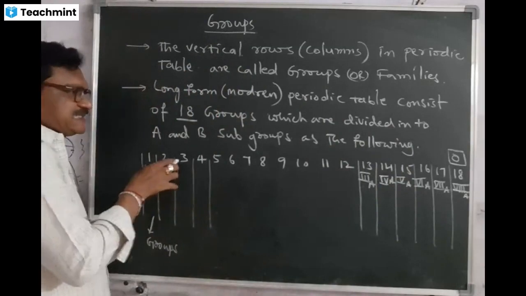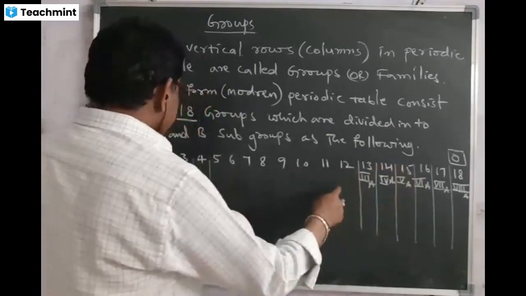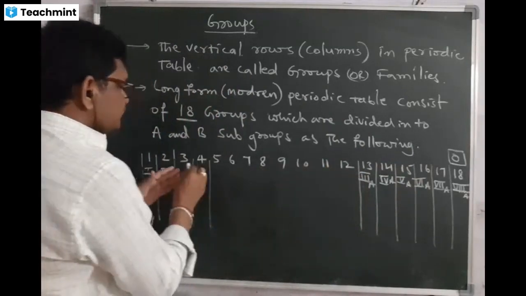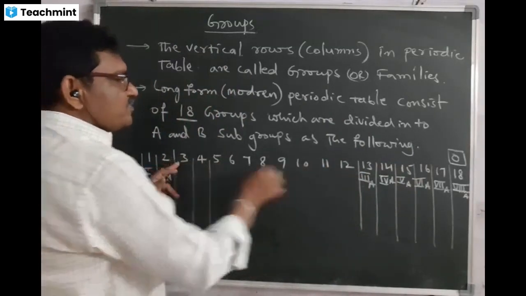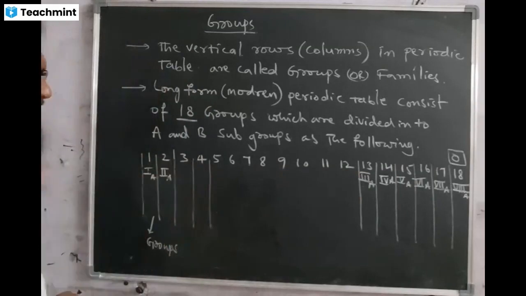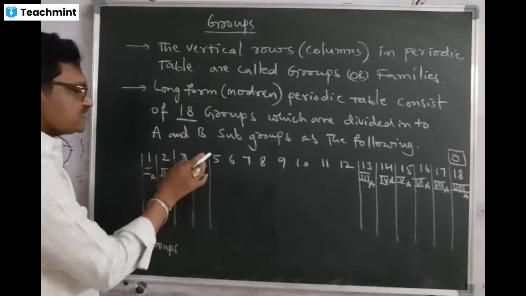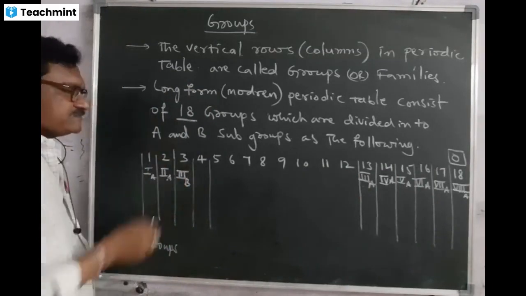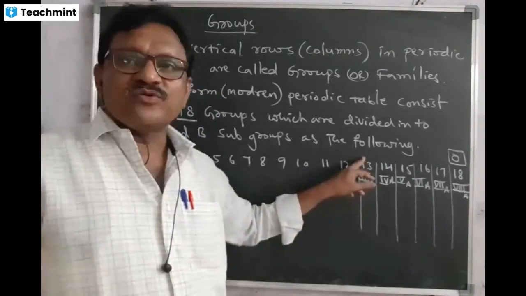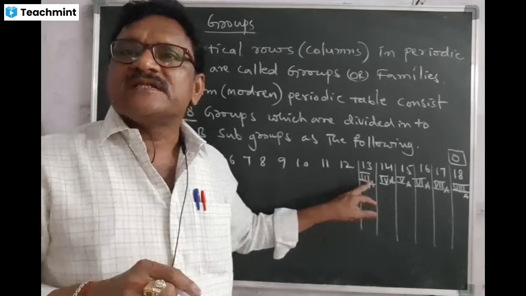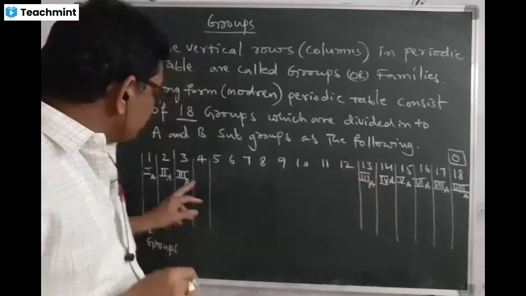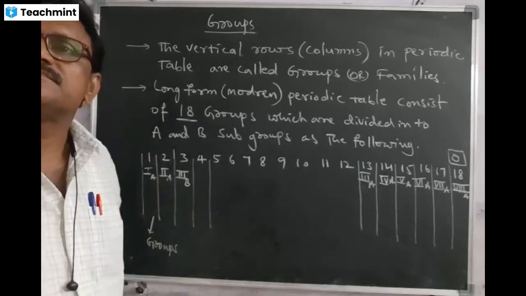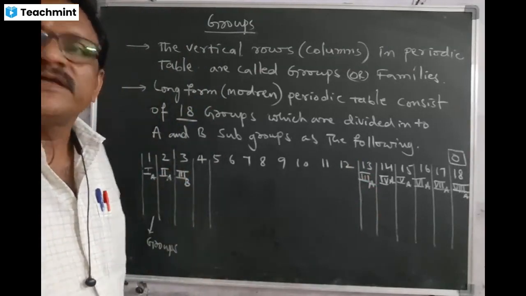But in between first A, second A, and third A, from the third group to the 12th group, elements are there. So this third group is also called third B. Actually, third A means 13th group, no? Don't confuse. Third A group means 13th, but third B is nothing but the third group. Okay.